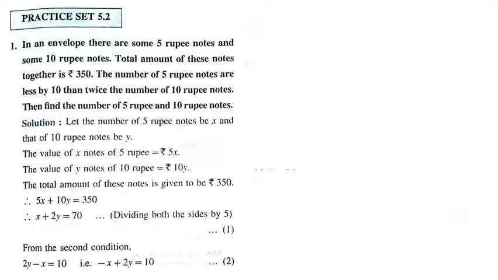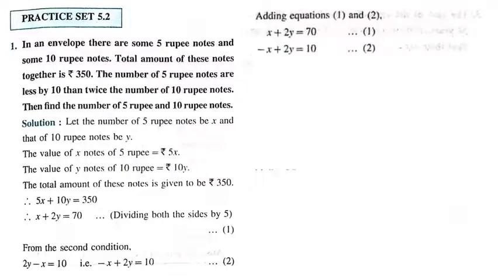Now when we look at the coefficients, the coefficients of variable x are equal and have opposite signs. Whenever they are equal with opposite signs, we directly add them. So the next step is adding equations 1 and 2. Equation 1 is x plus 2y is equal to 70.